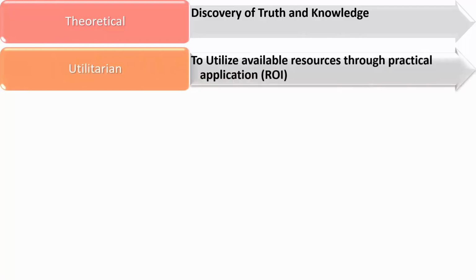You see a lot of academics that are driven by the theoretical motivator. You see a lot of high level, I call them the dragon slaying engineers and technicians, right? The discovery of truth and knowledge is the new cool technology, the new toy, the new shiny object. I want to understand that. That's a theoretical motivator.